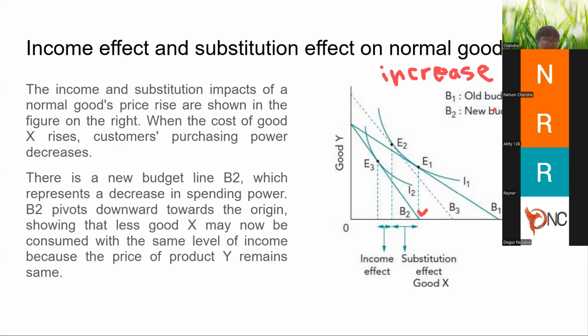Naturally, it always happens like that. When something is more expensive, you will always substitute your consumption to the one that is less expensive or cheaper. How do we show the substitution effect?